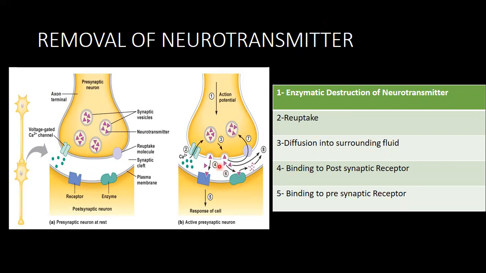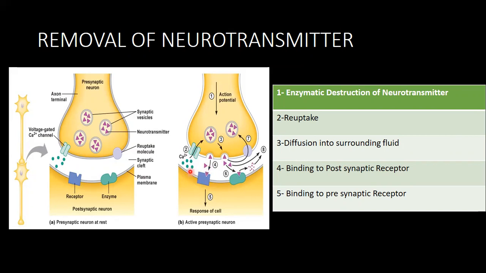So by hydrolysis, acetylcholine gets hydrolyzed into two parts, that is choline and acetate, and the reaction is catalyzed by the enzyme acetylcholinesterase.